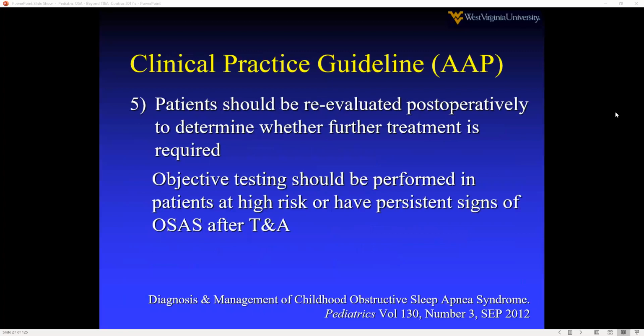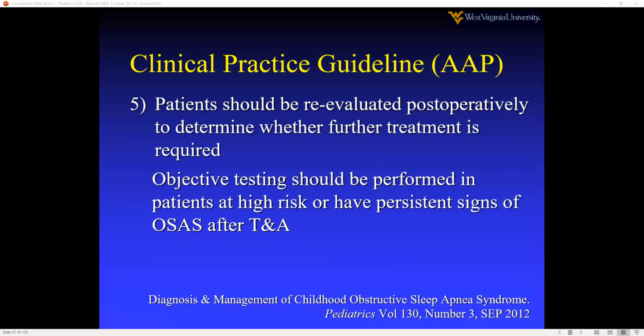So again, for the clinical practice guideline, patients should be reevaluated postoperatively to see if further treatment is necessary. And some parents will say they've got their child back, they're normal again. But you know, you need to look at some behavioral issues too, and sometimes they improve partially, so they may or may not be totally related to obstructive sleep apnea.